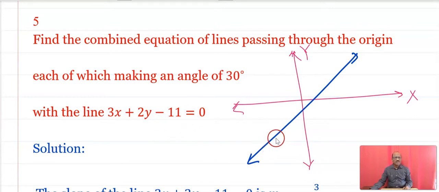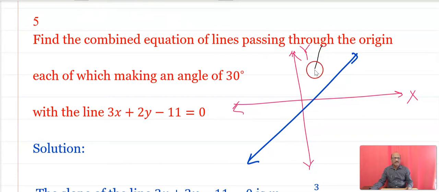Now, there are another two lines which pass through the origin and make an angle of 30 degrees. Suppose that here is a line. I will draw with another sketch.